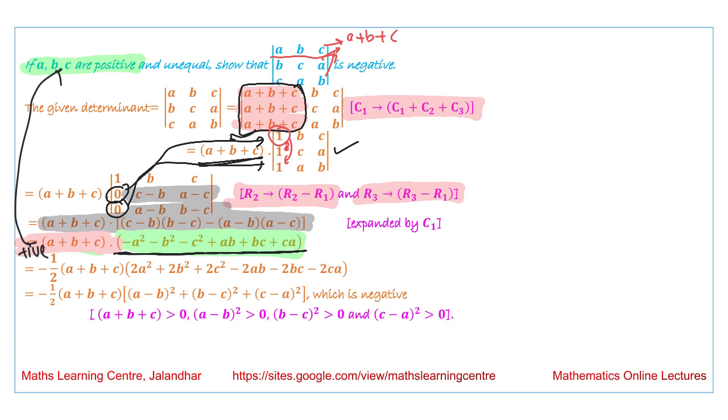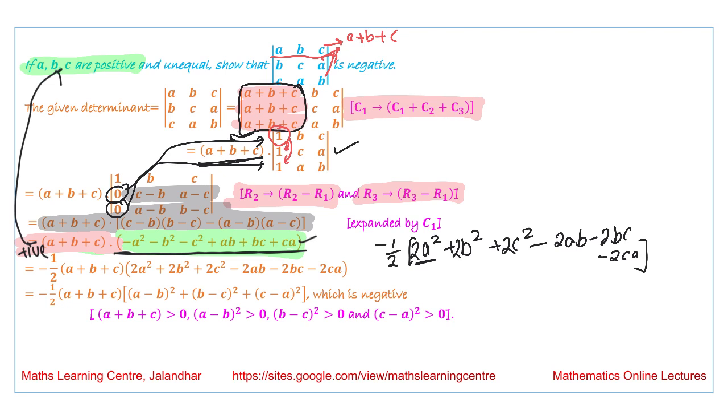If we multiply the second part by 2 and divide by 2, we take the minus sign common, and we are left with a square plus b square plus c square, and these terms with the minus sign taken common: minus 2ab minus 2bc minus 2ca.